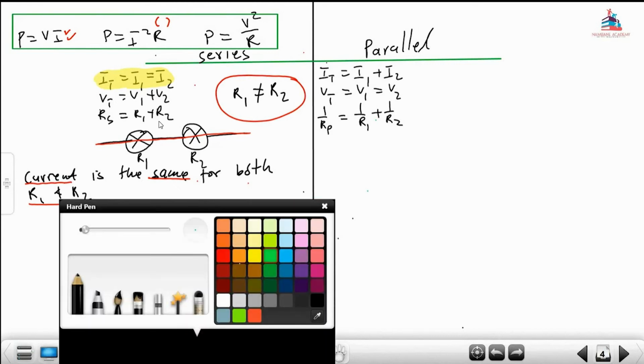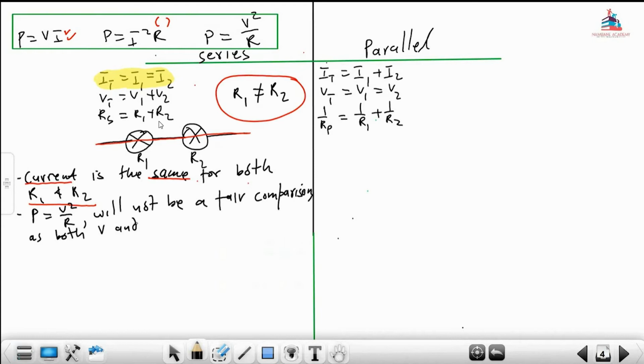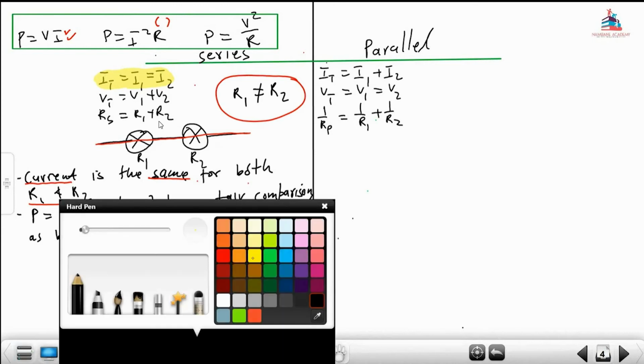So maybe one should also highlight it for us to remember that P is equal to V squared over R will not be a fair comparison, as both V and R change. So hence now we cannot use that equation.